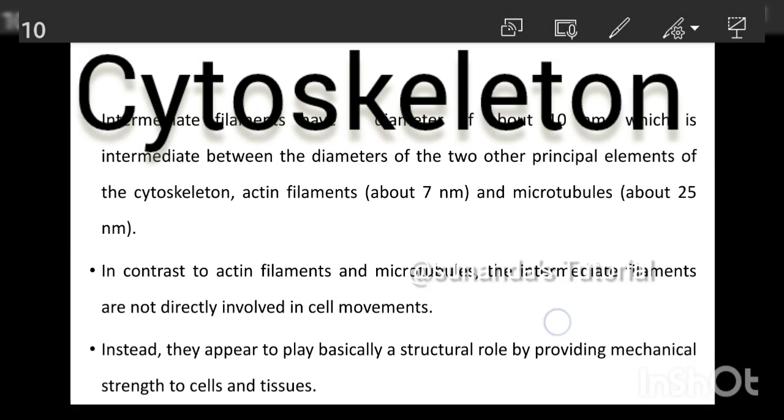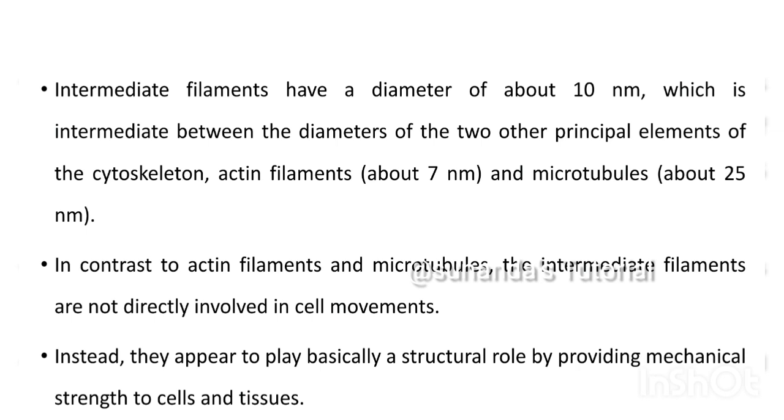Intermediate filaments have a diameter of about 10 nanometers, which is intermediate between the diameters of the two other principal elements of the cytoskeleton.